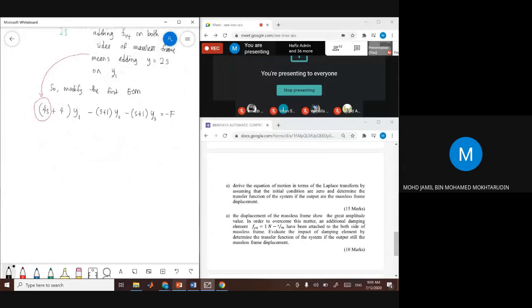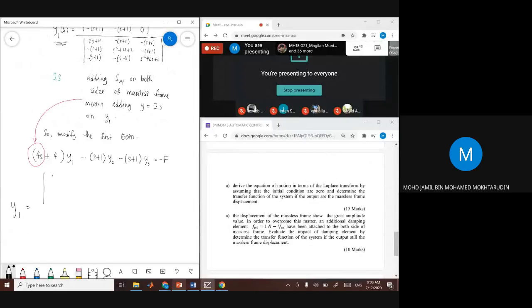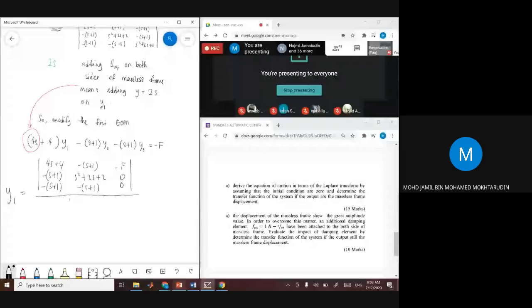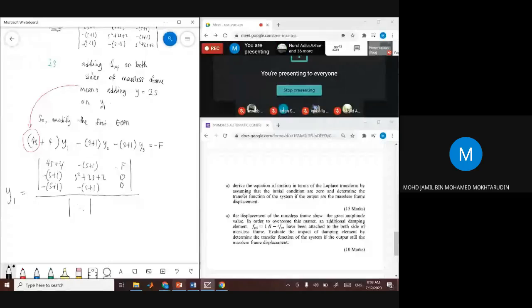So y1 equals... okay, and then the transfer function, okay, and then the impact of the damping element. Apa dia nak? So let's try simplify kan.